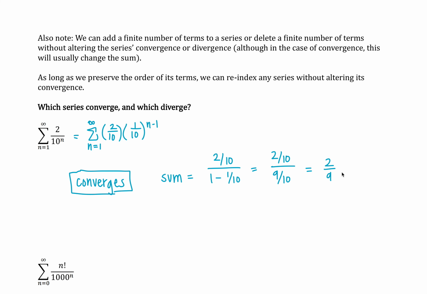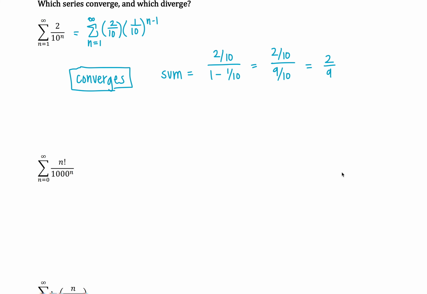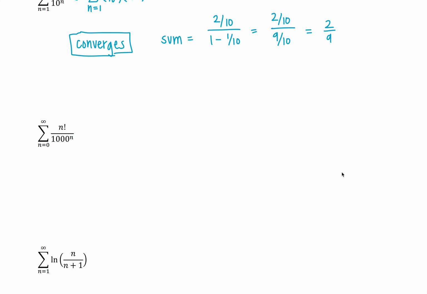Now the second one. We have the sum from n equals 0 to infinity of n factorial over 1,000 to the nth power. Now I'm going to use the nth term test here. This one is going to diverge. Factorials grow faster than exponents. So that's just something that you can keep in mind.